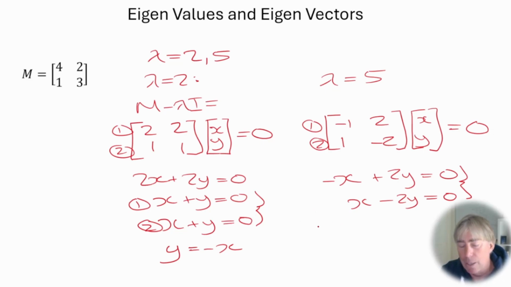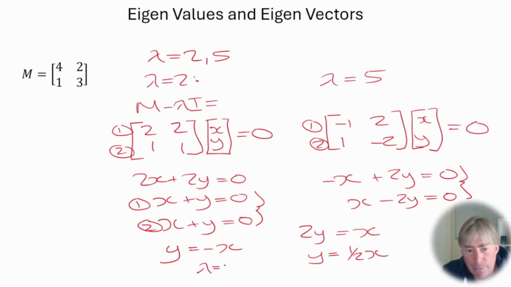So once again they are consistent. We're going to rewrite those and we end up with 2y equals x. Using either of those is going to give the same result. In our y equals mx form, we end up with y equals a half x. So that is our second eigenvector.